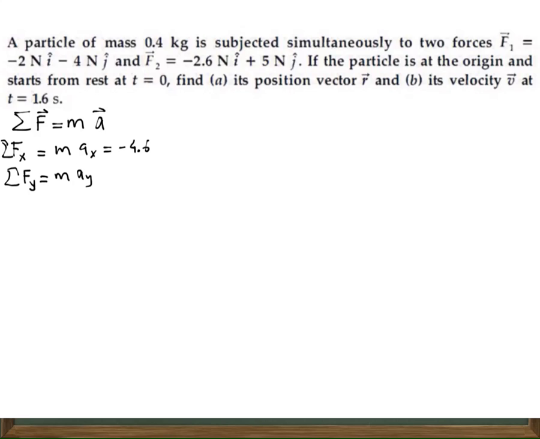True? Total force in the x component is equal to F1x plus F2x. Okay. F1x is given in the problem, minus 2, and F2x is given in the problem, it is minus 2.6.